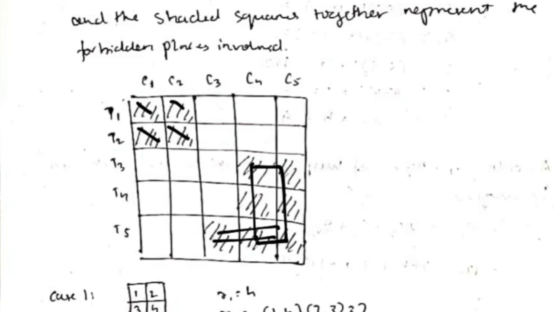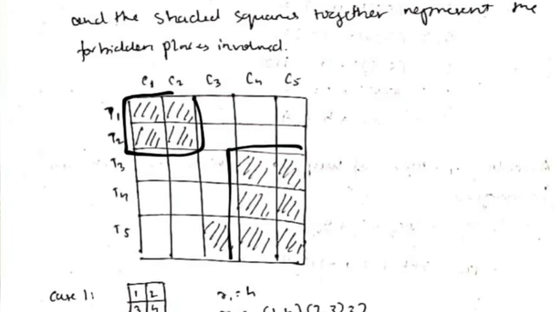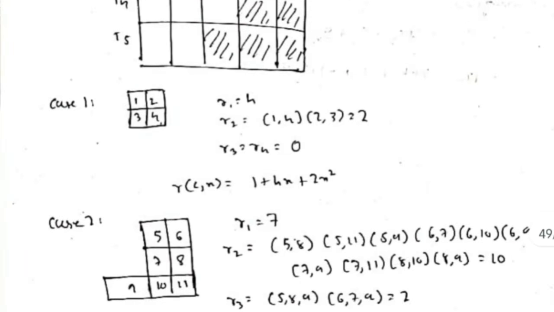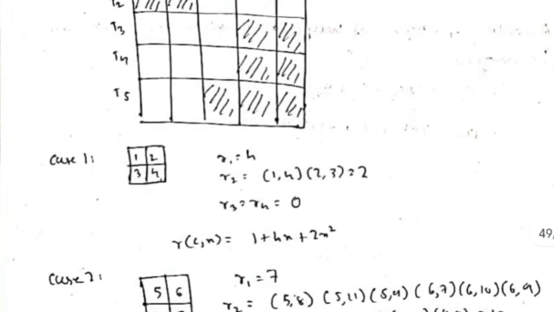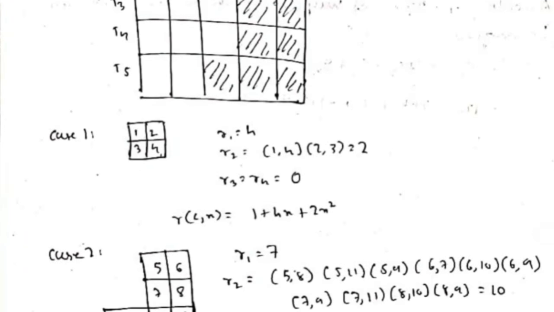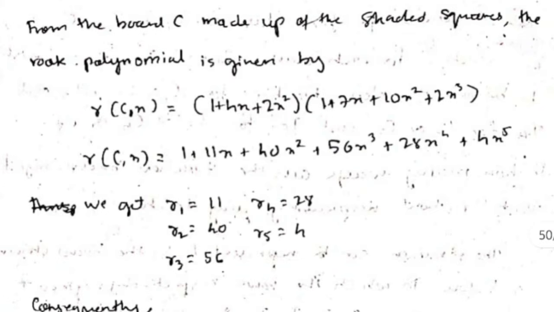Okay, so after doing that we will consider 2 boards here, C and D. Okay, this will be considered as single board. Then after considering both as single boards, you will find out the values of RCX, the root polynomial. Then after getting both of these root polynomials, we will multiply them. Okay, so after multiplying we will get the root polynomial for the main board.